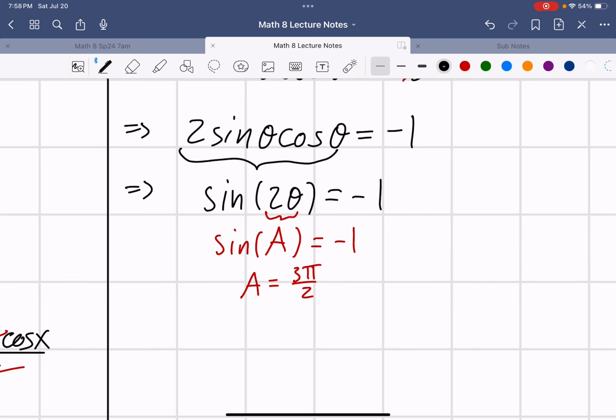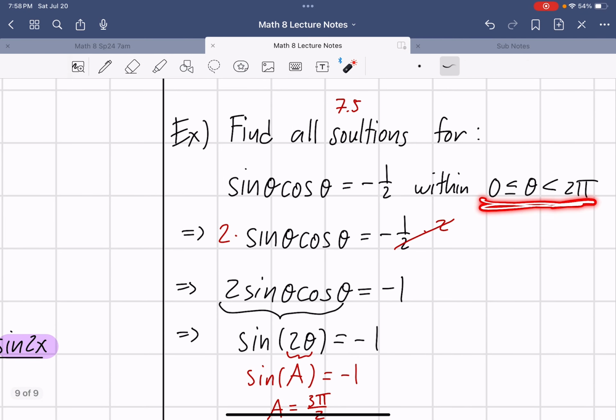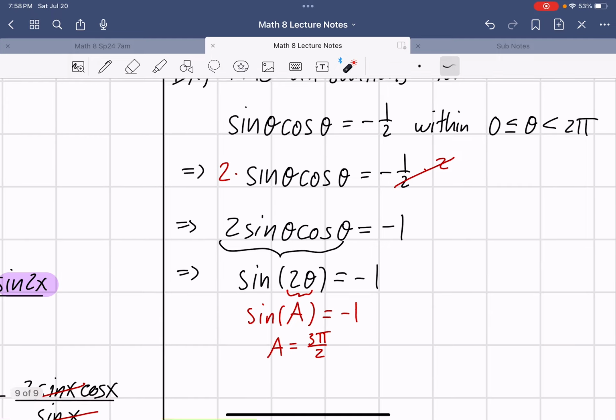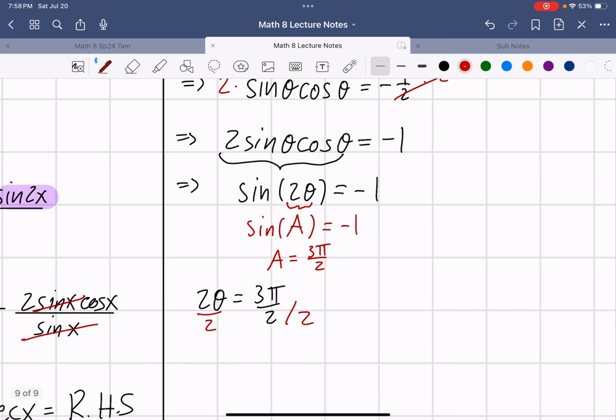But now I'm only looking between this interval, and sine is equal to negative 1 only once in that interval. So that gives us that 2 theta has to be equal to 3 pi over 2. And then to actually isolate my theta, I divide both sides by 2.